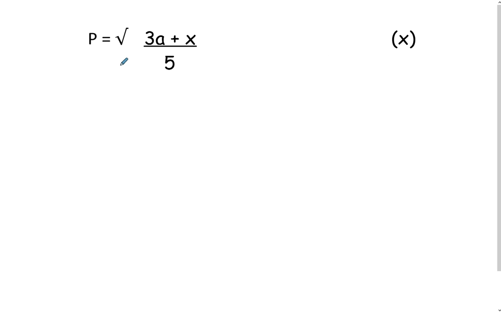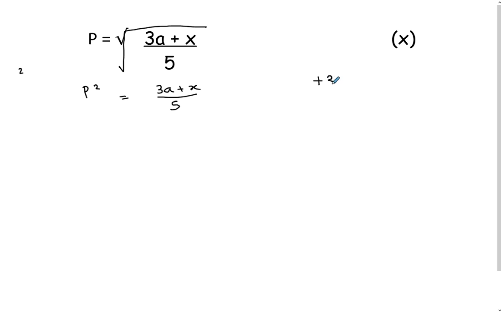Okay, p equals, sorry, this whole thing is supposed to be square rooted, the square root of 3a plus x over 5. We're trying to make x the subject. Now, because I've started with the square root, the first thing I would do is square both sides. So you've got p squared equals, and the square root disappears, so you've got 3a plus x divided by 5. Then I will figure out what was done to the x.